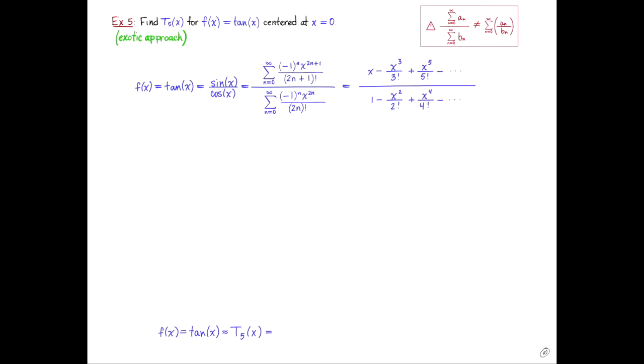It's also easier for this approach if we simplify the factorials. We have 1 minus x squared over 2 plus x to the 4th over 24 minus, we still have an infinite series here, so we want to include the dot, dot, dot. And that goes into our numerator, x. Instead of jumping right to the minus x cubed over 3 factorial, when you're using long division, you want to make sure that every powered term is represented.